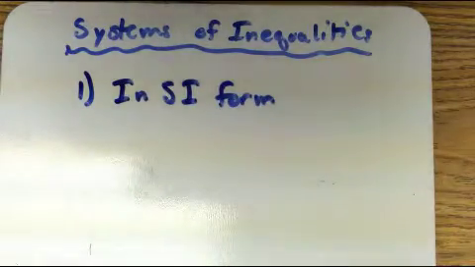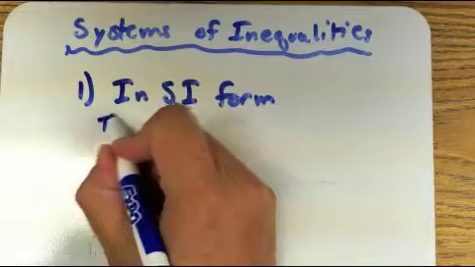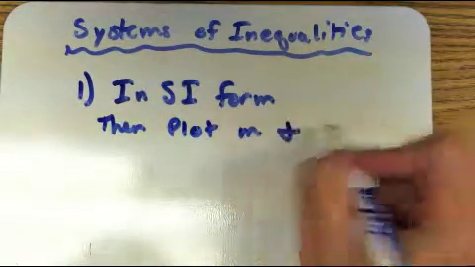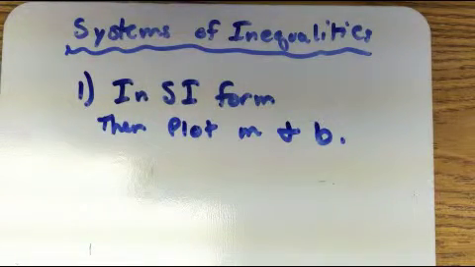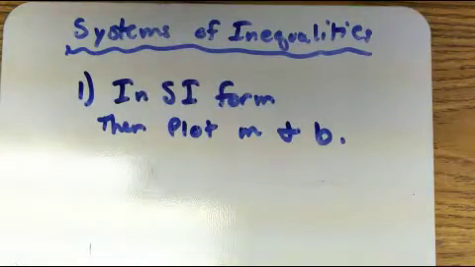What does SI form help us to do? Well, that gives us an M and the B, and we're going to plot those on the graph. So I'll put that also underneath here. Then plot M and B. Okay. Normal ways of graphing. You should know that, guys, but that's always step one. SI form, plot M and B.